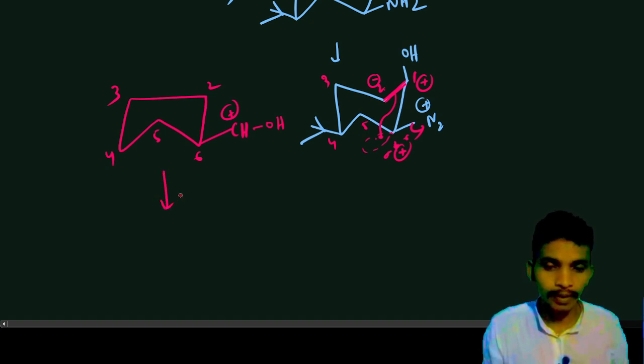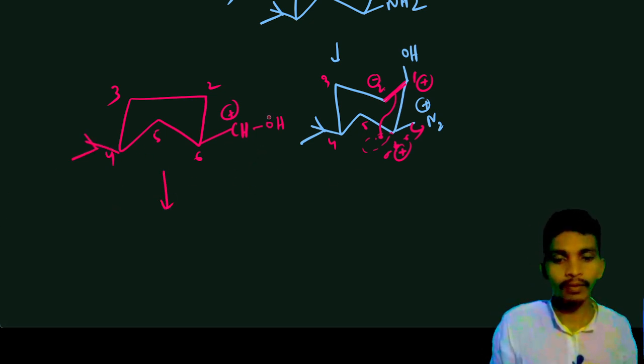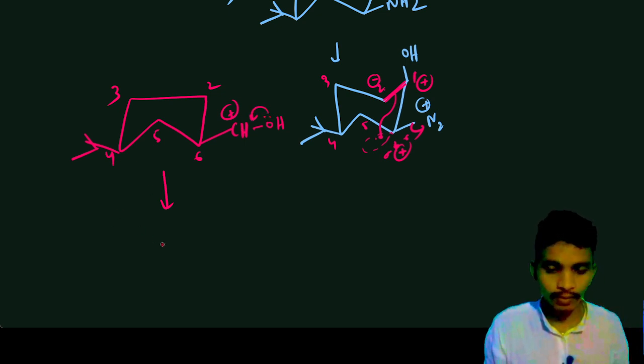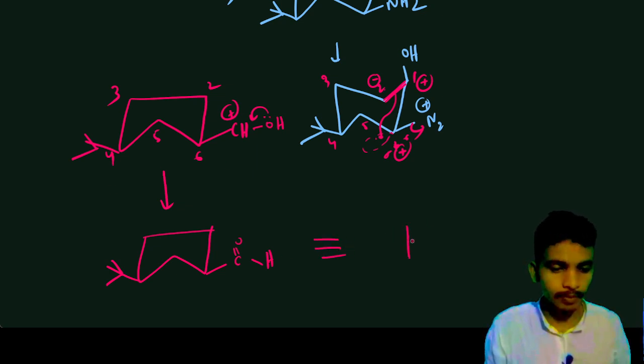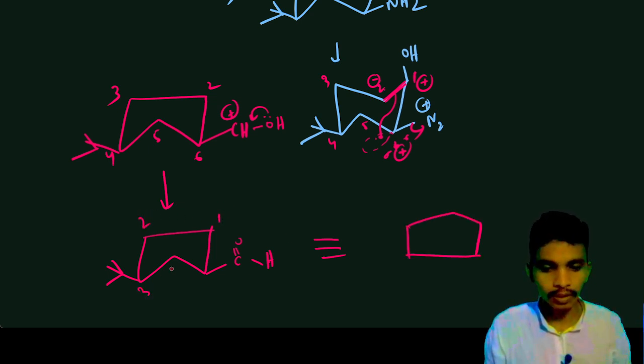Now what will happen, at the carbon this group is there. Okay, so now again this will share it, so the same thing you will get. So this is going to be like this, and this is going to be CO and H. So after that, convert into the 5-member ring, because this is a 5-member ring, 1 2 3 4 5.